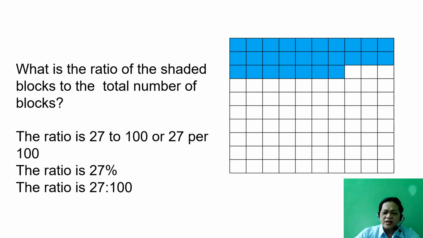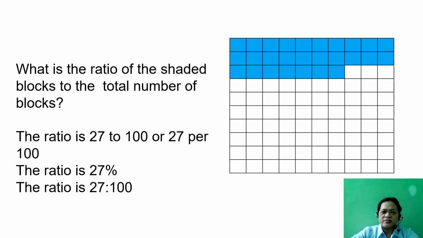So what is the relationship of percent to ratio? Percent is the same as ratio as well as fraction. The first quantity is the given number or the shaded part, and the second number is 100 or percentage of the whole quantity. Is it clear?